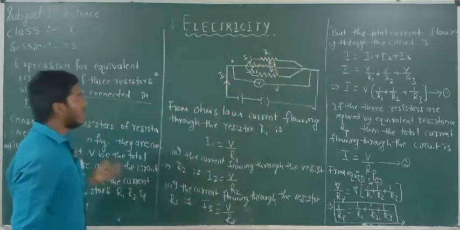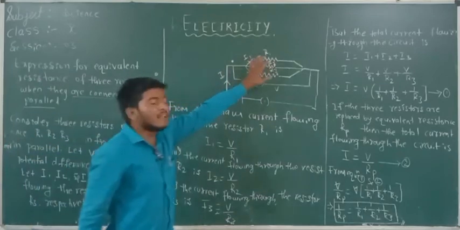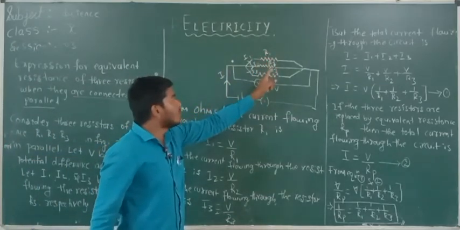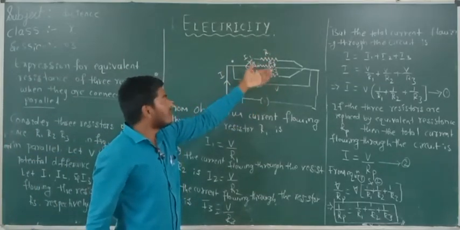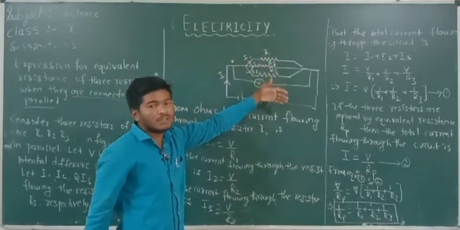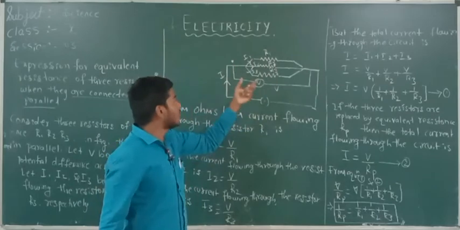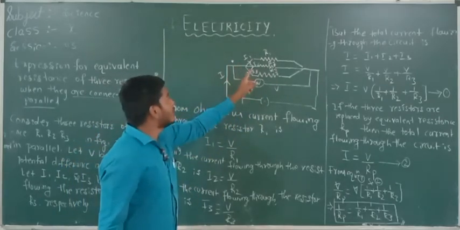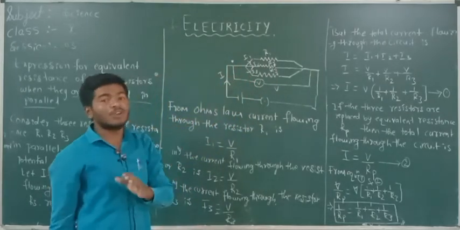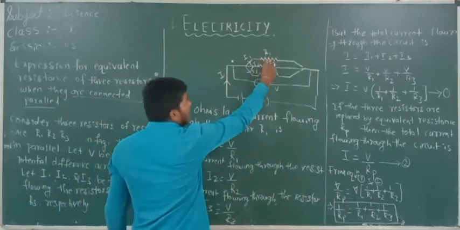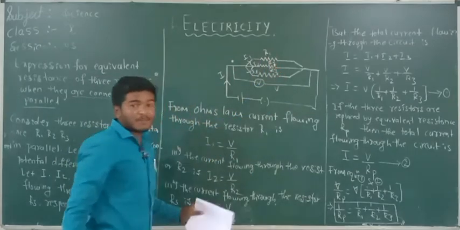Once again, look here. Consider the three resistors R1, R2, R3 in such a manner that they are in parallel to each other. Let V be the potential difference across the circuit and I1, I2, I3 be the currents flowing through the resistors R1, R2, R3 respectively.